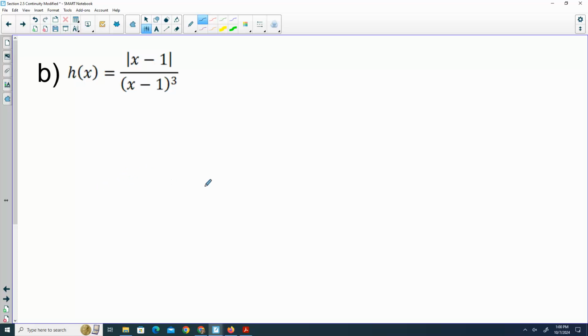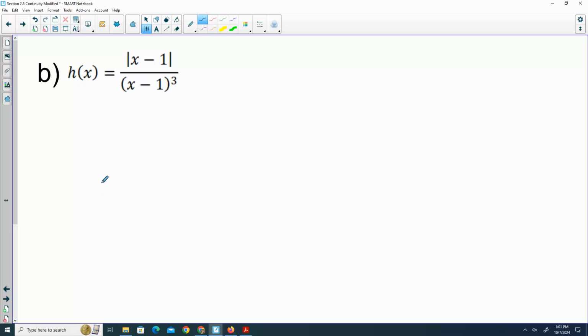All right. So I have the absolute value of x minus 1 over x minus 1 cubed. Can we make those maybe cancel a little bit? Anytime we have absolute values, what do I make you do? Piecewise.